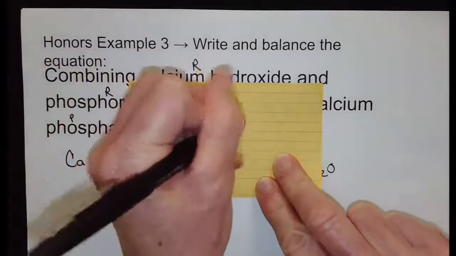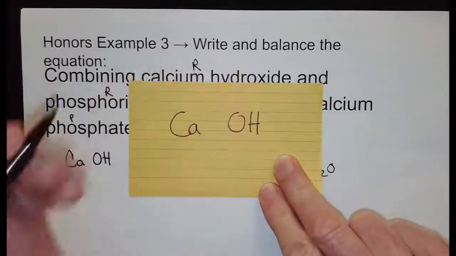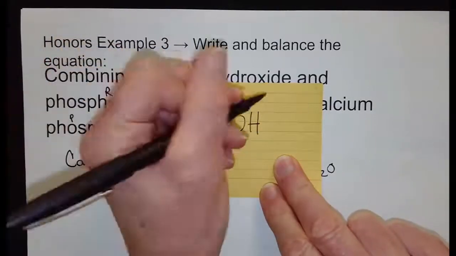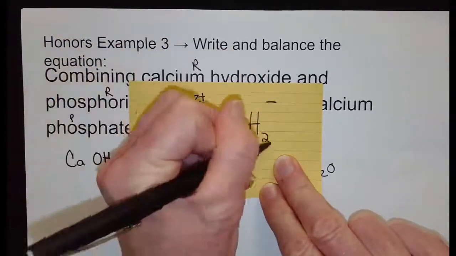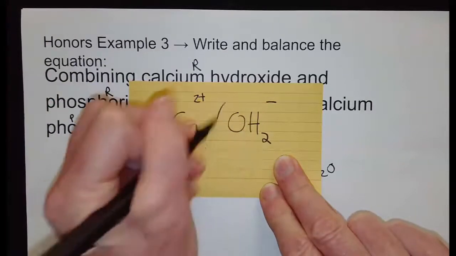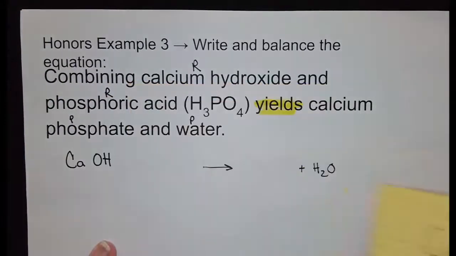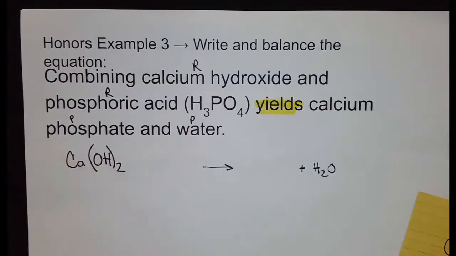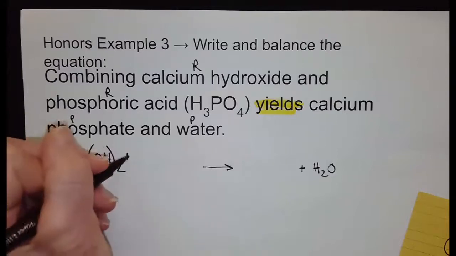And phosphoric acid, we are given the formula. That's not one of the 3 that we have to have memorized. We need to know sulfuric acid, hydrochloric acid, and nitric acid. Make sure you have them written on your reference table for the final exam. They are in the basic knowledge notes from way back.